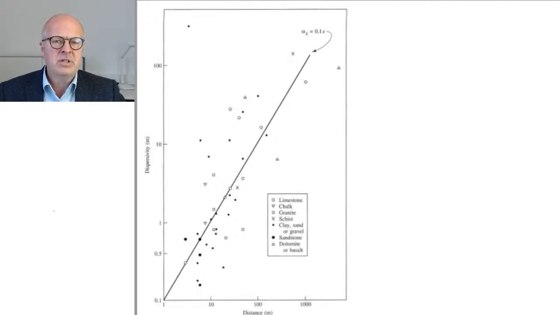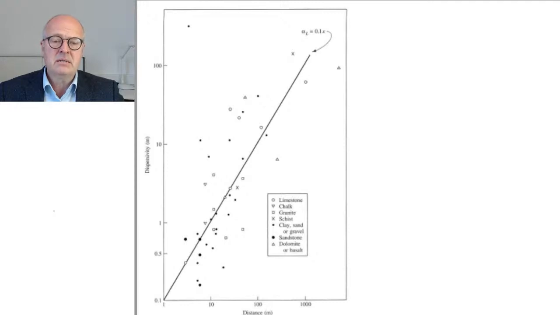We observe, which is very interesting, that actually if you put together many experiments, they are quite similar for limestone, chalk, granite, schist, clay, sandstone, dolomite. This is already mind-boggling, I would say. Surprising, astonishing, unexpected. So number one.